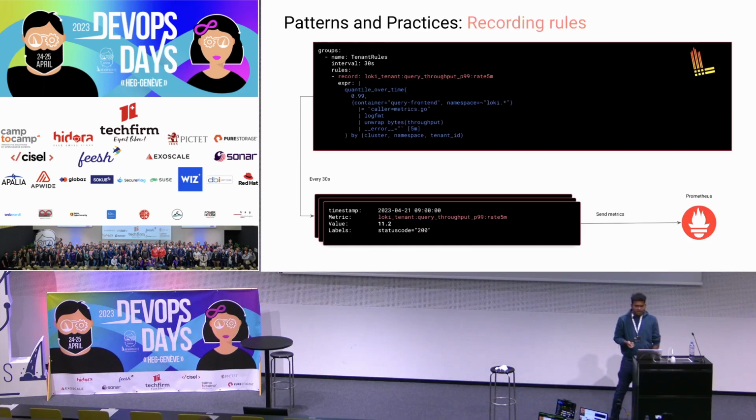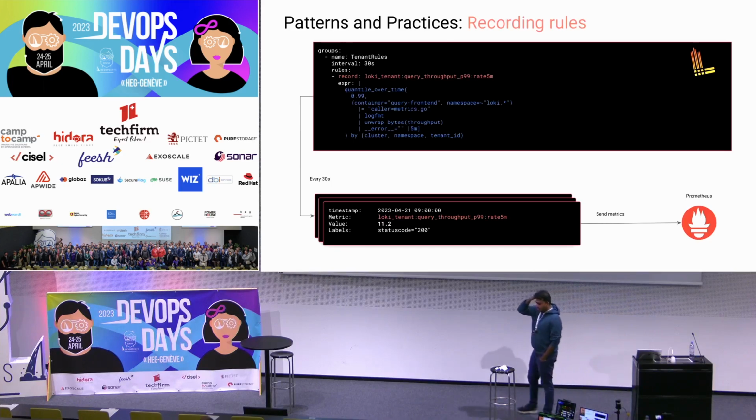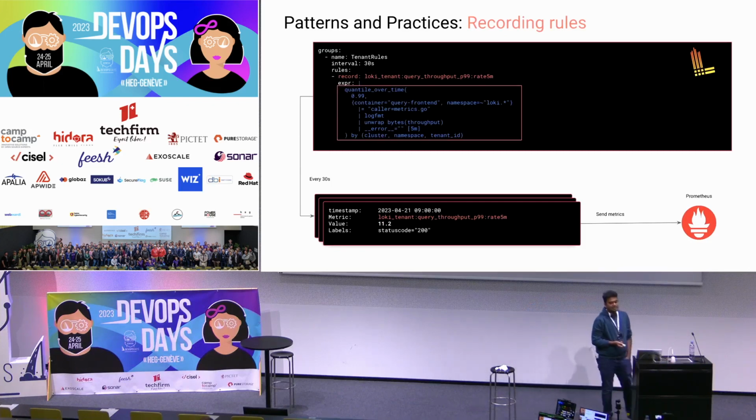And another thing is something called recording rules. You should also be familiar with it if you're from the Prometheus world. Like I said, when you want to generate some metrics out of your logs, sometimes it's very expensive, right? For example, this query here is a bit of an expensive query.